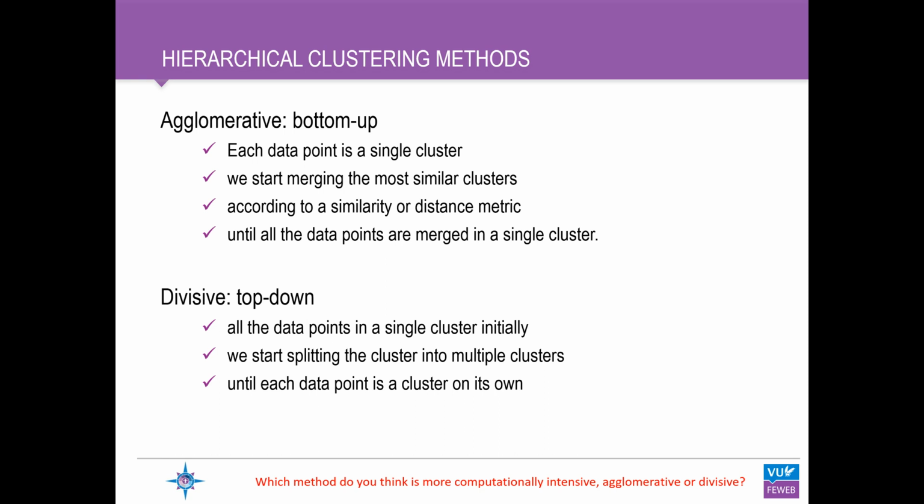Now, with hierarchical cluster methods, you can either do it bottom-up or top-down. I think the best way to view this is when you look at Google Maps, for instance, and you zoom in. So that means it's a divisive cluster method, right? You go from very far and you zoom in a little bit every time.